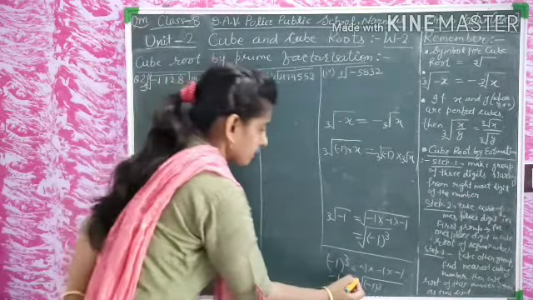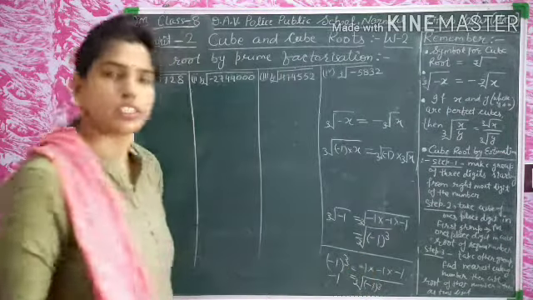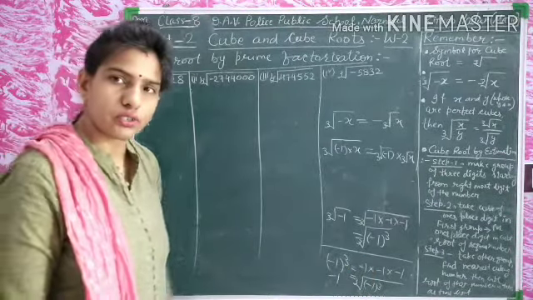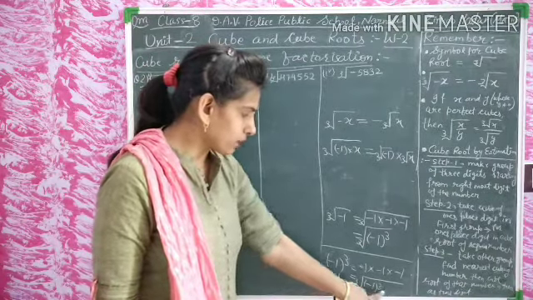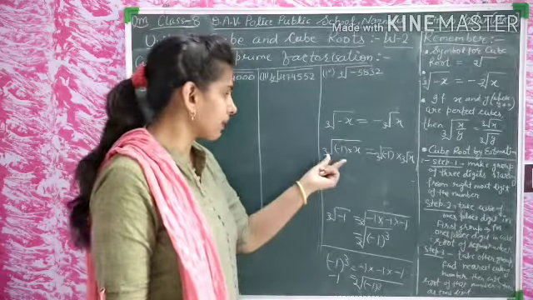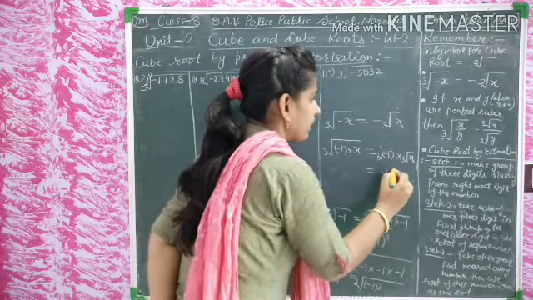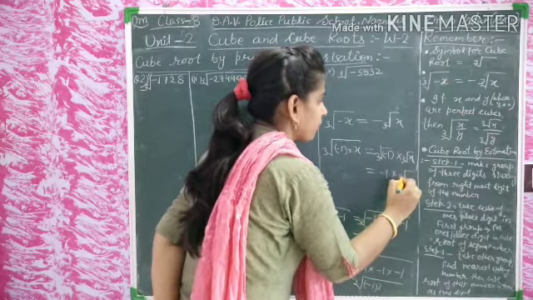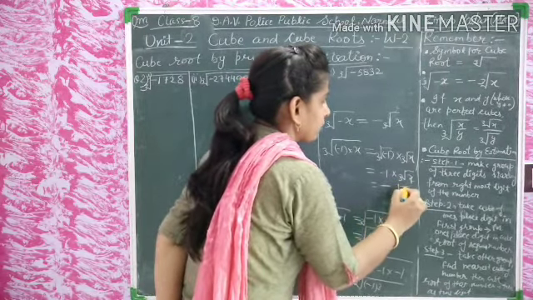This is the cube root here, and this is the cube here. Is this clear students? The cube root of minus 1 cube is equal to minus 1. So we get minus 1 into cube root of x, which is minus cube root of x.